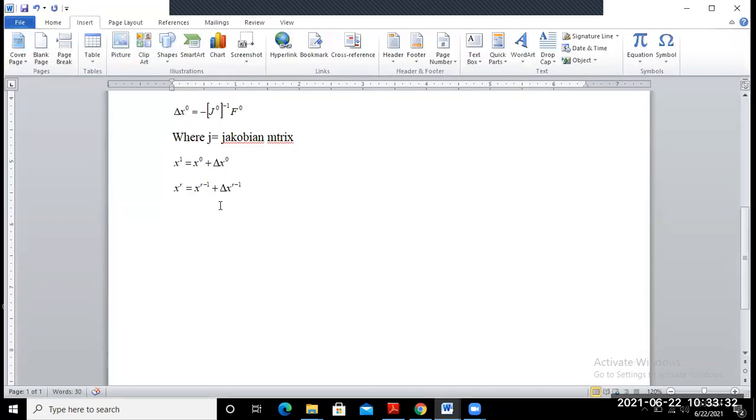So the value of del x to the power r minus 1 is equal to minus J to the power r minus 1 inverse F to the power r minus 1.